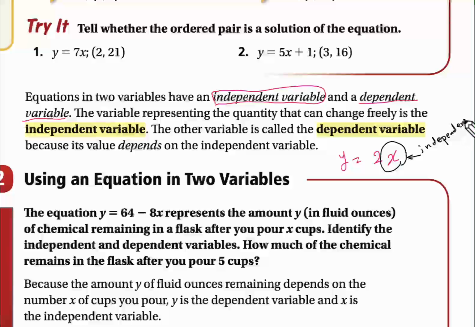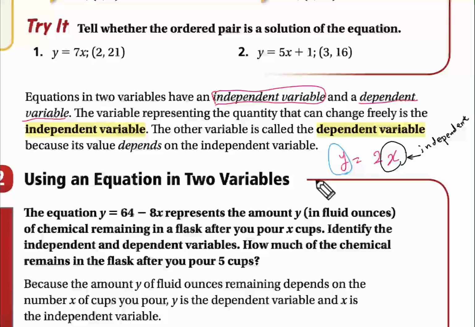Why is this one the independent? Because its value can change freely. And the other one, y, we call it the dependent variable. What is the meaning of dependent? It means that if you change the number for x, y will change.